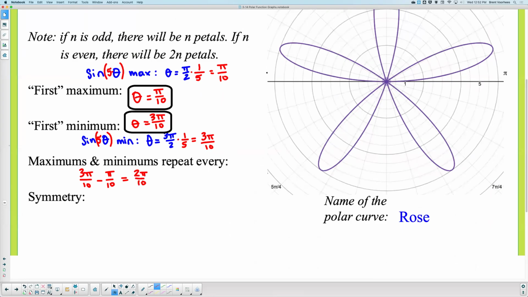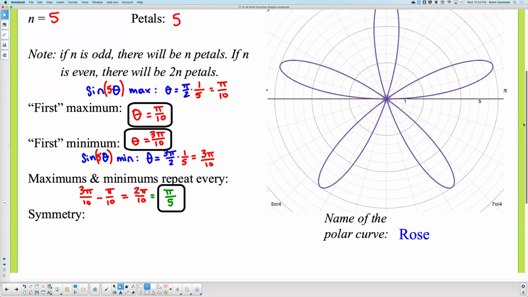And 2 pi over 10 can reduce to become pi over 5. So the maximums and minimums repeat every pi over 5. I subtracted these two values and simplified. That's to figure out how often they repeat.